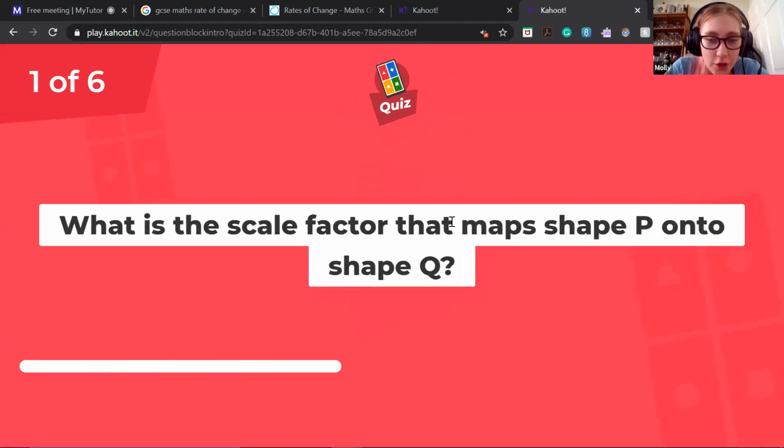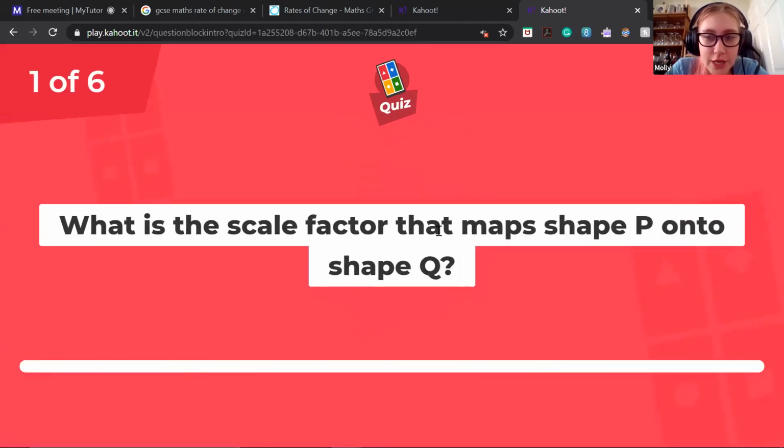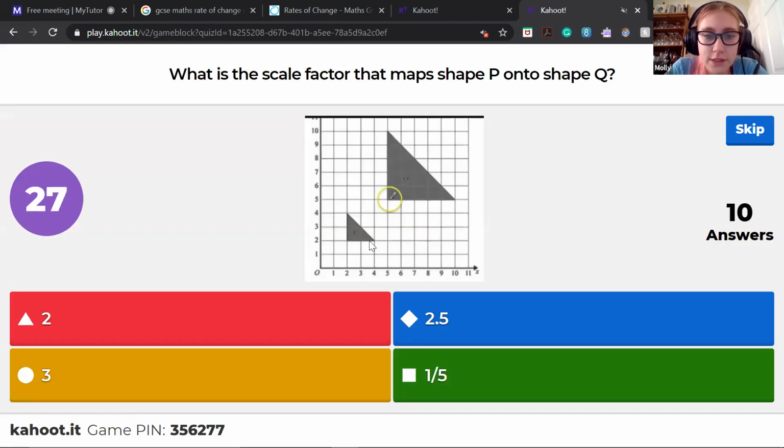Okay, so we want the scale factor that maps shape P onto shape Q. So what's the scale factor that maps? P is the smaller one here.